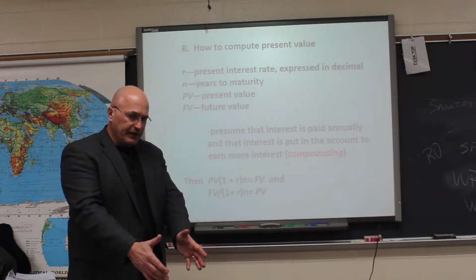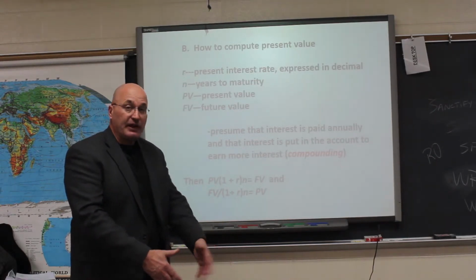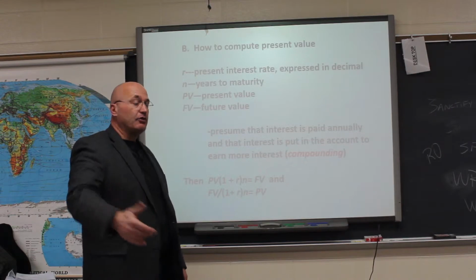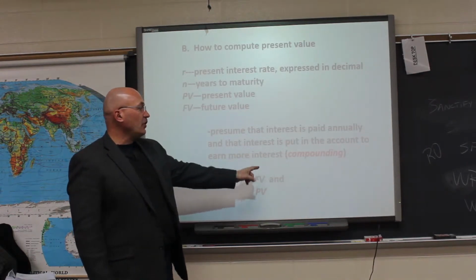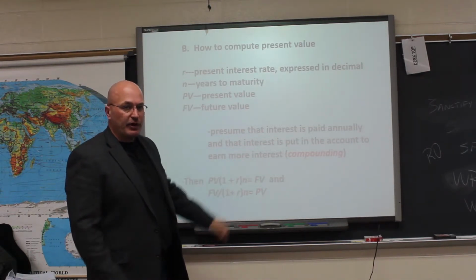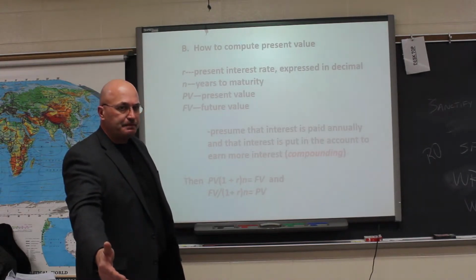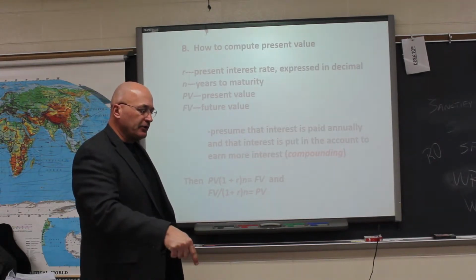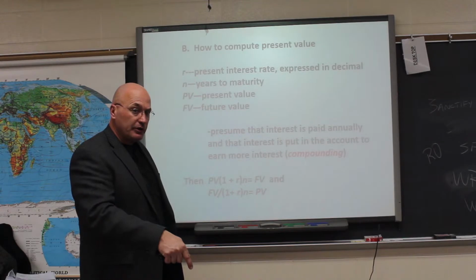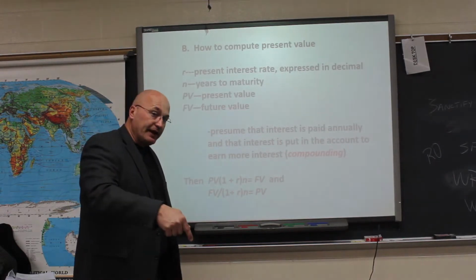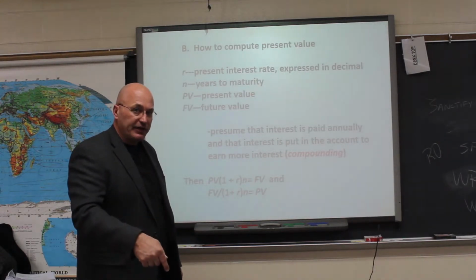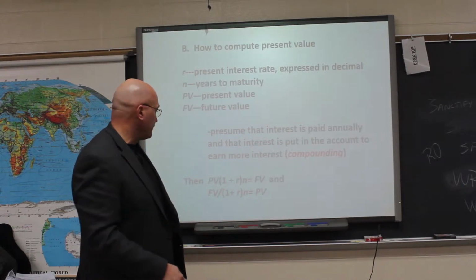I'm calculating based on, if it was 10%, $11 now, and so on and so forth. This is called compounding, and eventually what happens in year 3, the interest that I earned in year 1 going into year 2, I'm going to earn interest on that interest. That's what compounding is, earning interest on the interest.